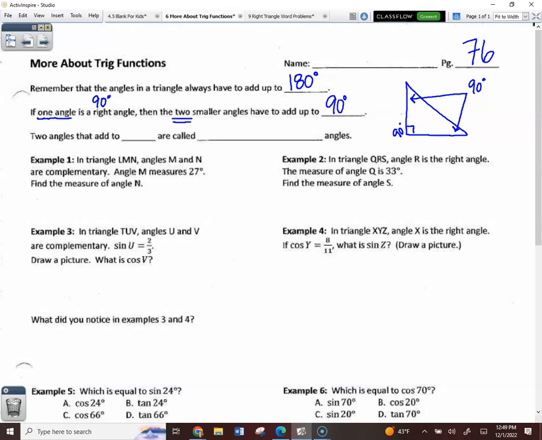Okay, now go back and recall a vocab word from way back. Two angles that add up to 90 are called complementary, with an E, not an I. Okay, so now we're going to look at what happens.